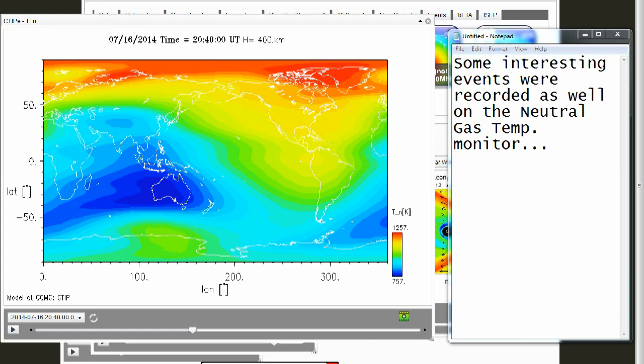Some interesting events were recorded as well on the neutral gas temperature monitor.